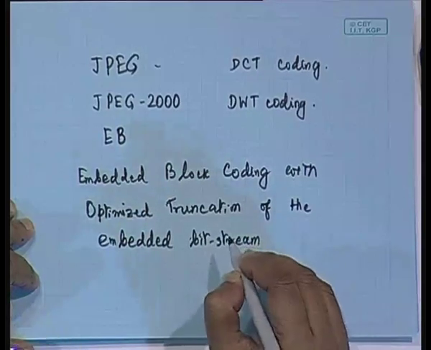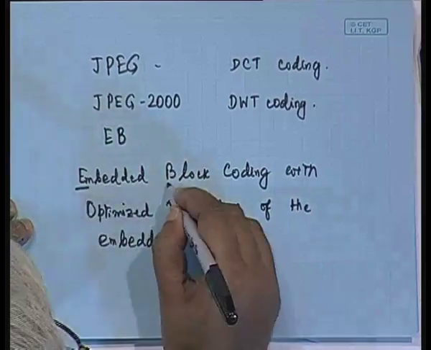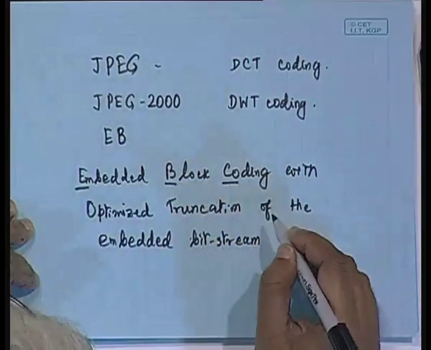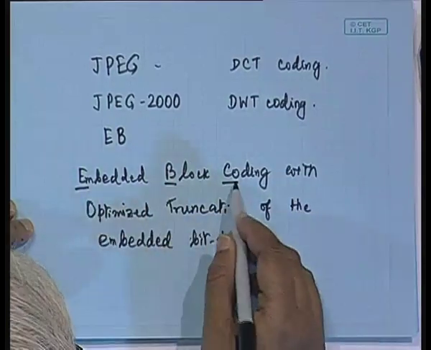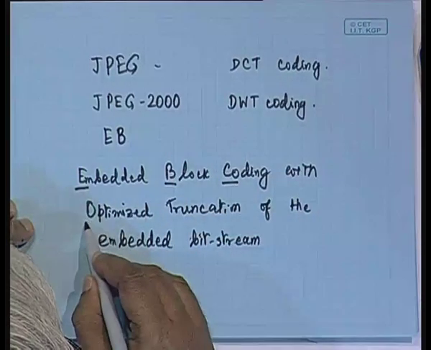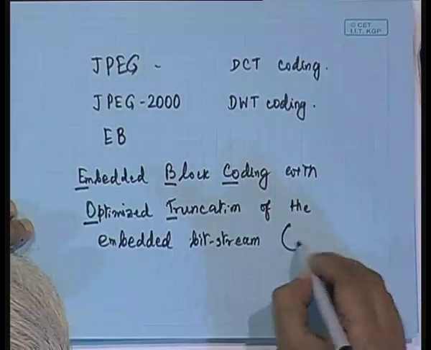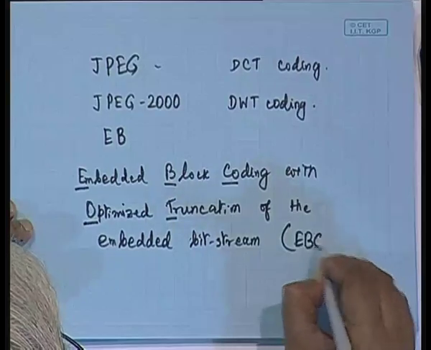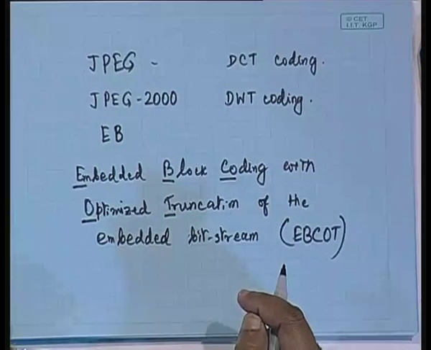A very long sentence it is, but every time we talk in terms of abbreviations: embedded block coding, the basic philosophy is optimized truncation, and this is called EBCOT in short form.